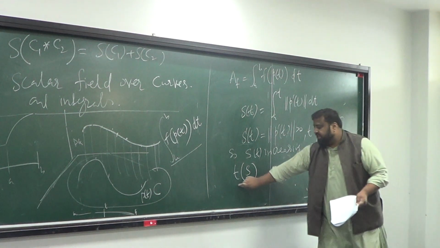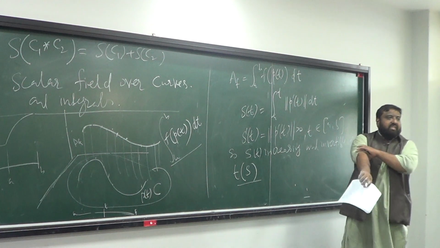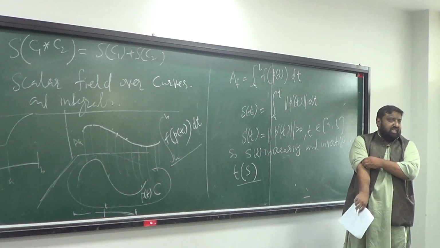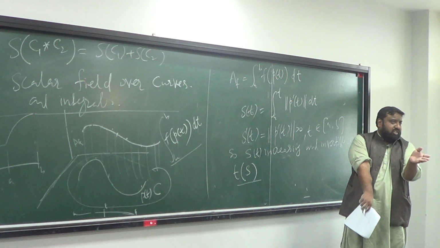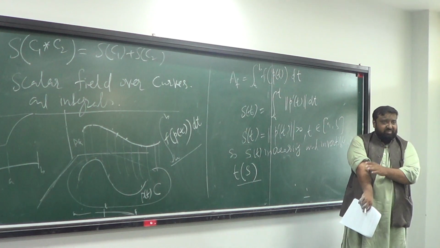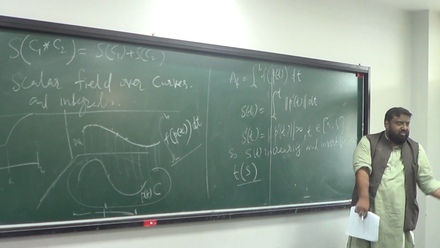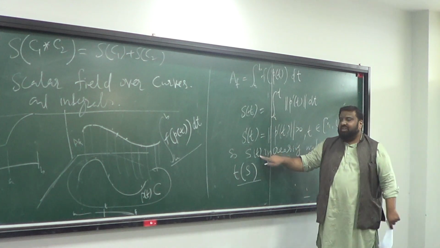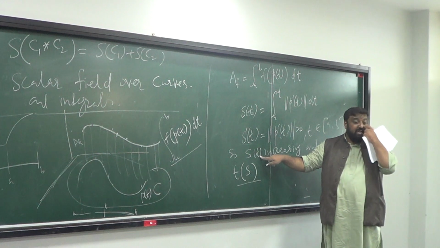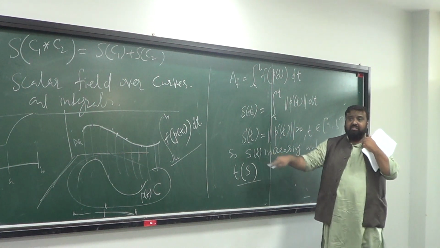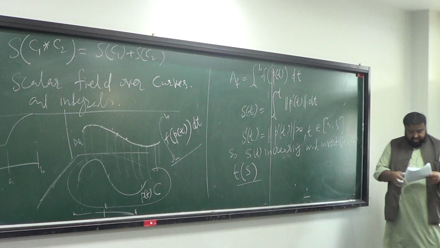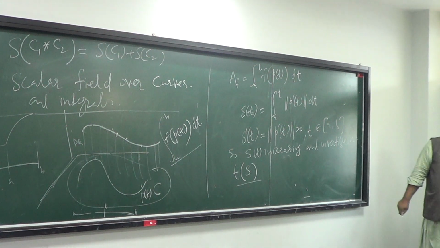So I can have t as something that is dependent on s. If y is a function of x and the function is invertible, then x can be written as a function of y. That's what we are saying. If s is a function of t, then t can be written, since s is invertible, as a function of s.